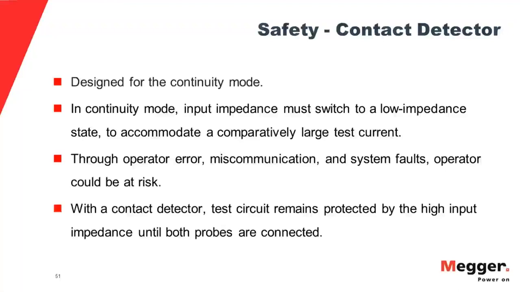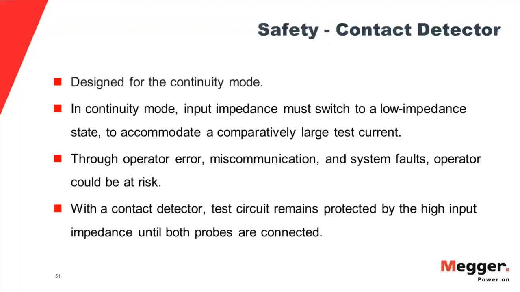A good quality tester with a contact detector will not shift from the input protected insulation range down to the lower resistance continuity measurement range until both leads are connected. The tester knows this, it can sense it.